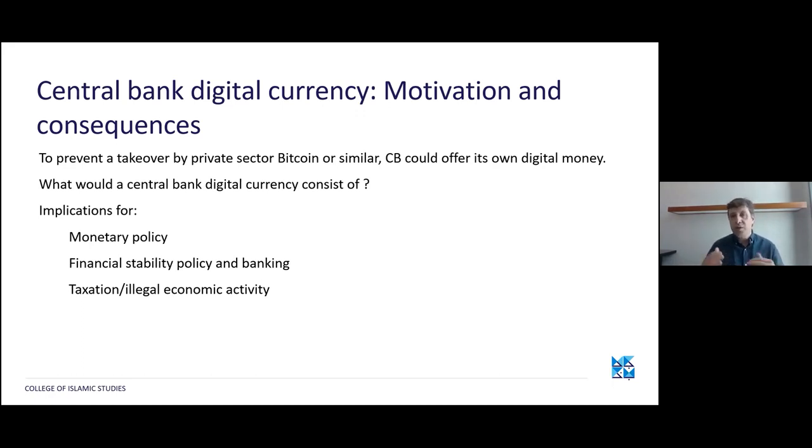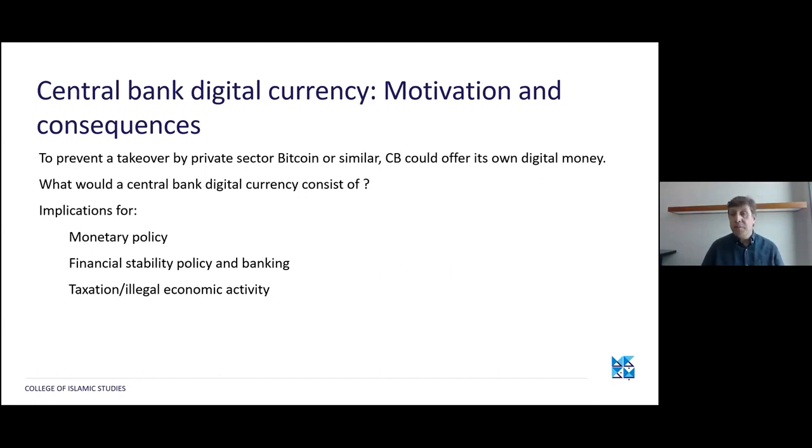They do operation twist. They even change the term structure. They buy short-term bonds by printing more money, and then they buy long-term bonds just to lower their long-term interest rates.